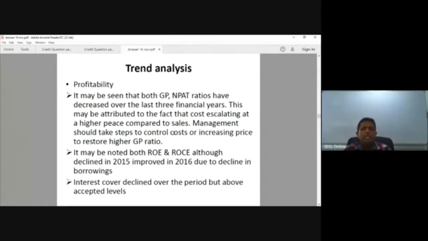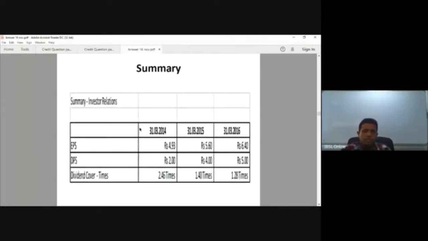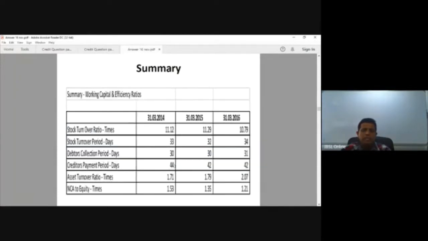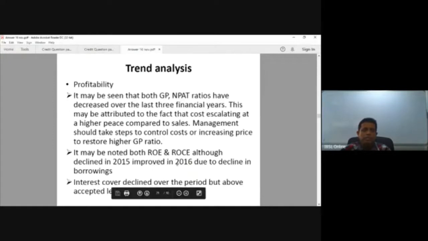It may be seen that both GP and NP ratios have decreased over the last 3 financial years. Now, if you go to the summary, profitability, your GP is increasing and NP also increasing. Now, we have taken that point into consideration in our interpretation.